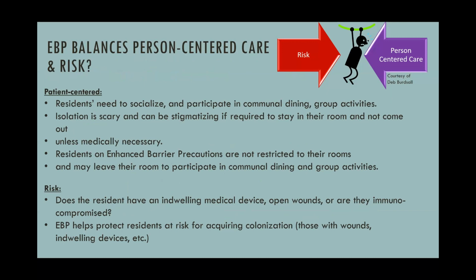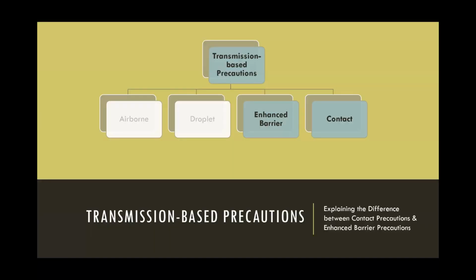Residents on enhanced barrier precautions are not restricted to their rooms and may leave their room to participate in communal dining and group activities. What do we mean by risk? Does the resident have an indwelling medical device, an open wound, or are they immunocompromised? Enhanced barrier precautions help protect residents at risk for acquiring colonization, those with wounds and indwelling medical devices.